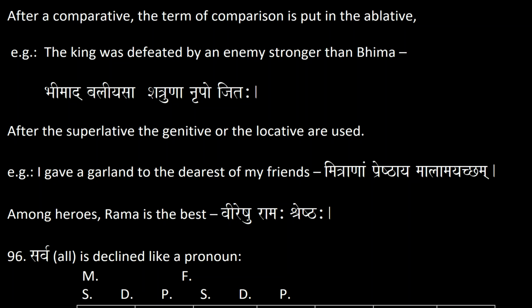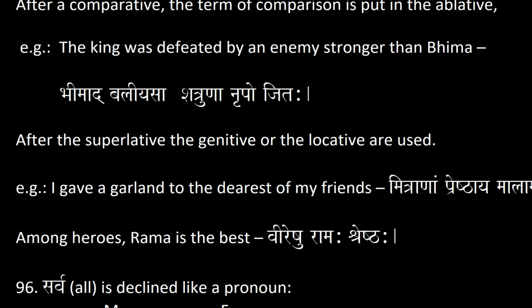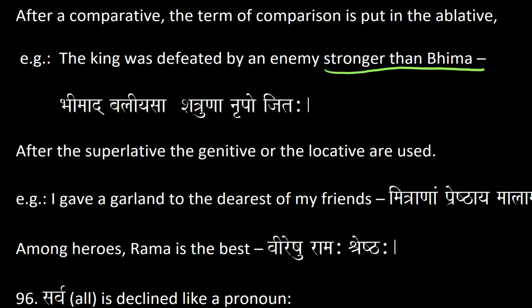So, for example, the king was defeated by an enemy stronger than Bhima. So stronger than Bhima is what we want to focus on, because after the comparative, the term of the comparison is put in the ablative case.